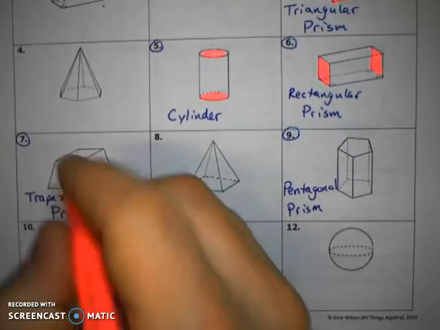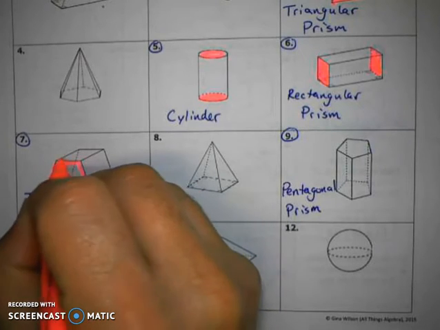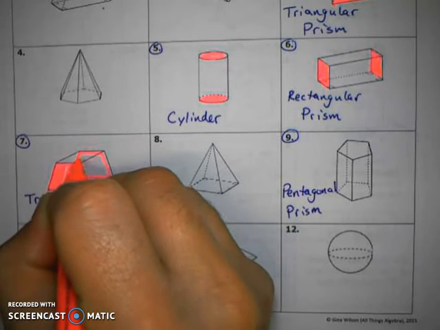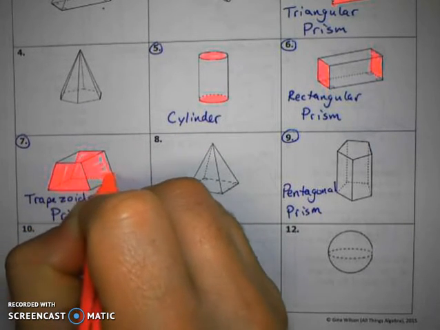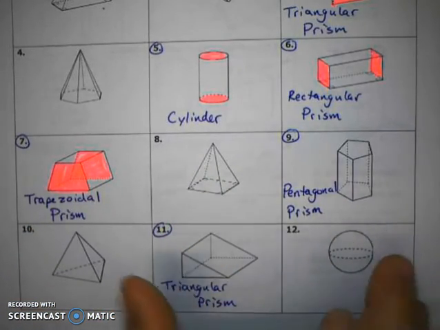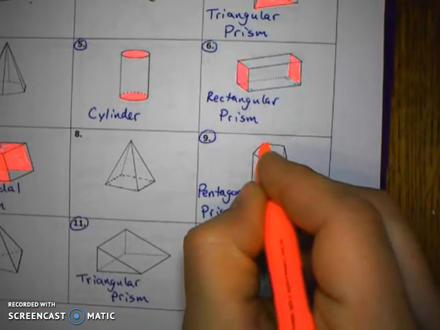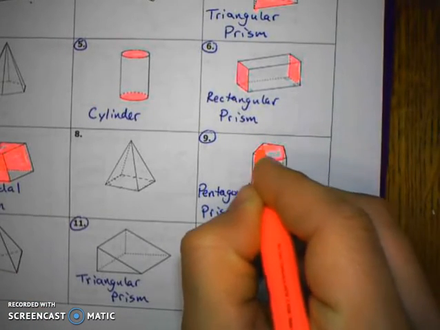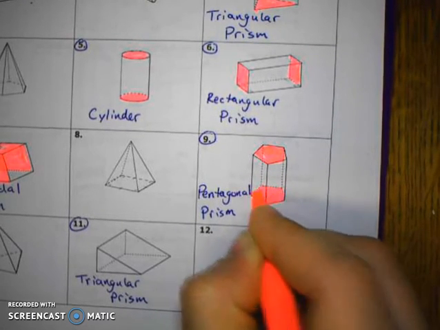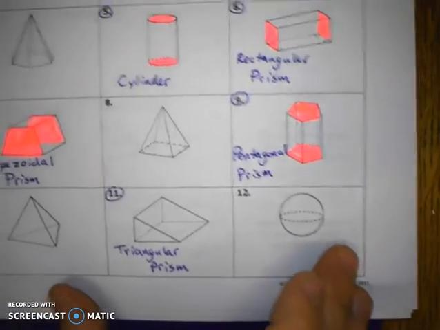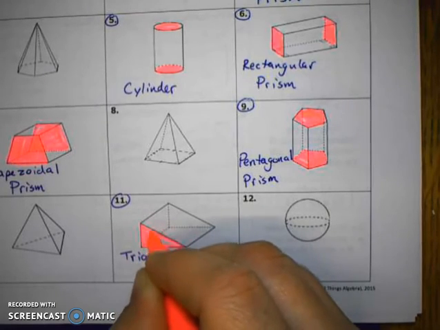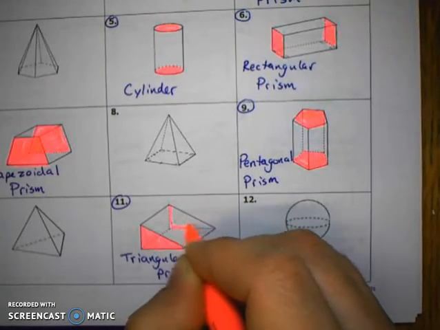Number 7, the trapezoids at the front and back are the bases. And then on the pentagonal prism, the pentagons at the top and bottom are the bases. And then on number 11, the triangles at the front and back are the bases.